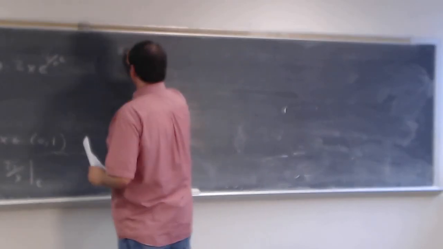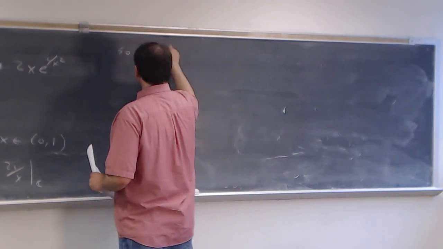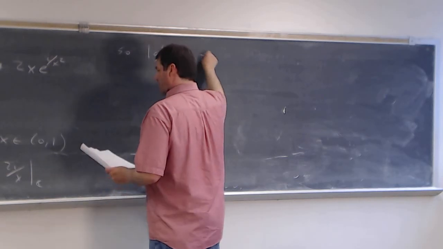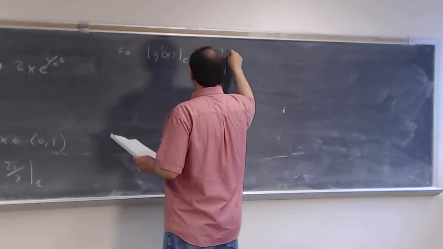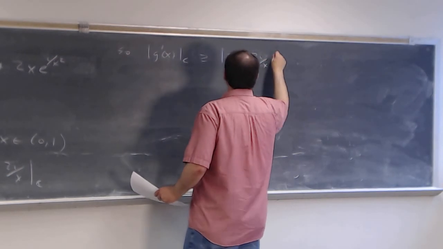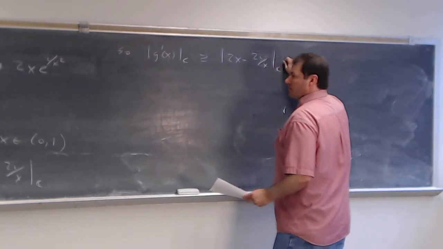So what we have then is that the complex norm of g prime of x will be greater than or equal to the complex norm of 2x minus 2i over x minus 1.